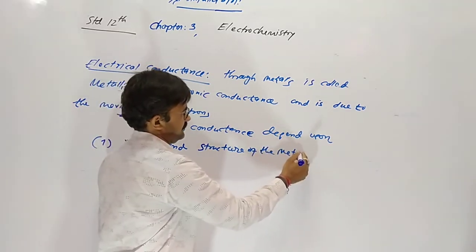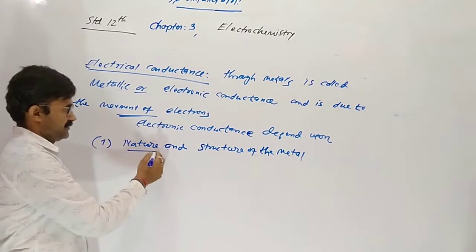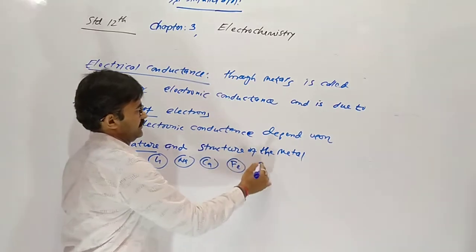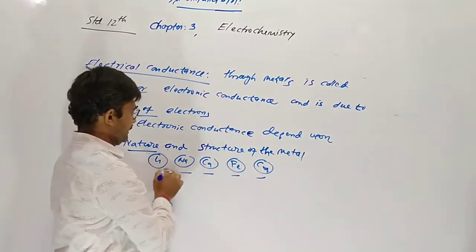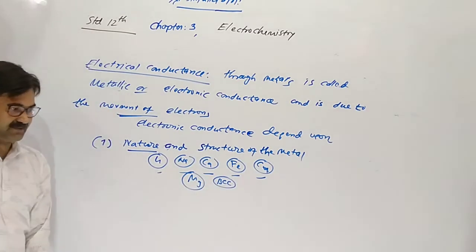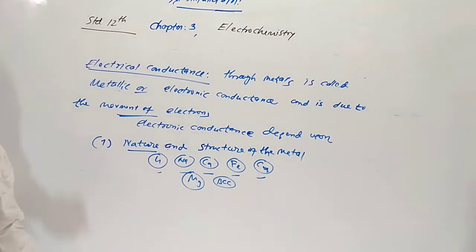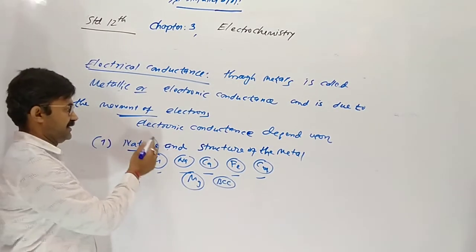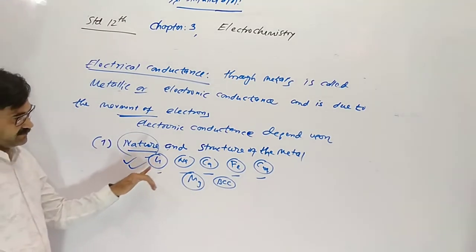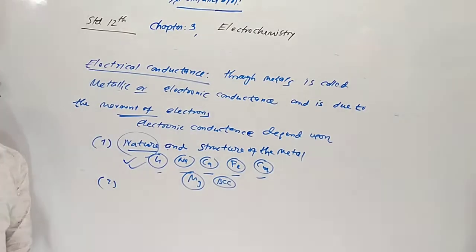In metals and alloys, there are free electrons. Lithium, sodium, calcium, iron, copper: metals have different types of structure like BCC, FCC, hexagonal close packing. Nature means density. The density of different metals is different and structures are different, so conductivity will change.